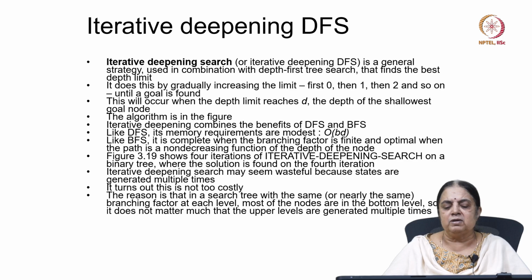As d increases, you find that at the bottom level most of the nodes are there. At the upper levels, nodes are generated multiple times, but overall it does not give rise to so many nodes.